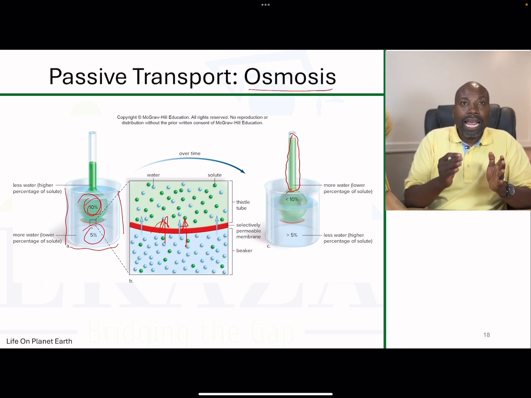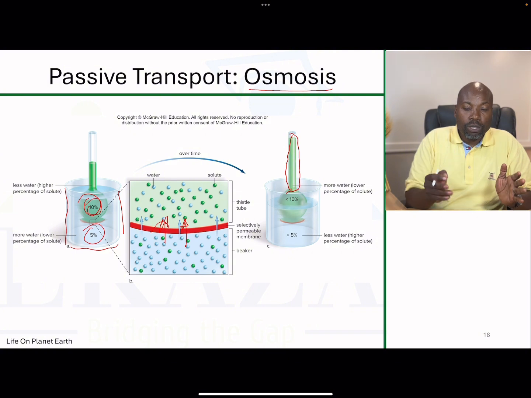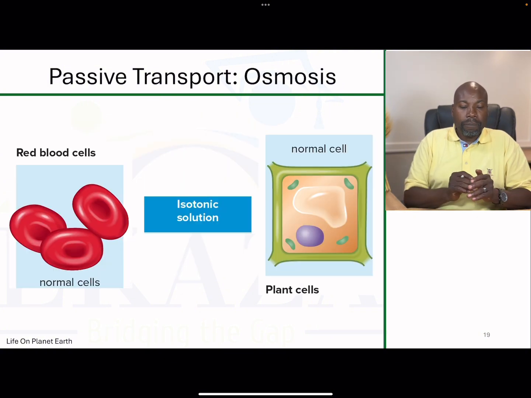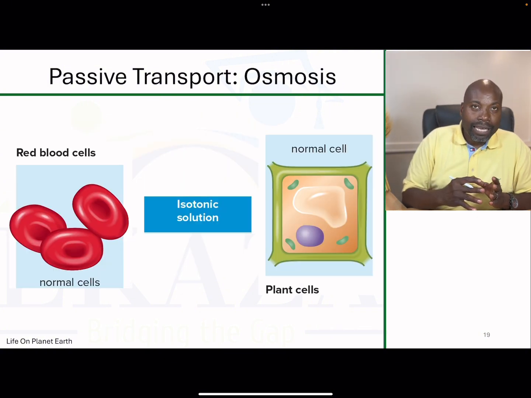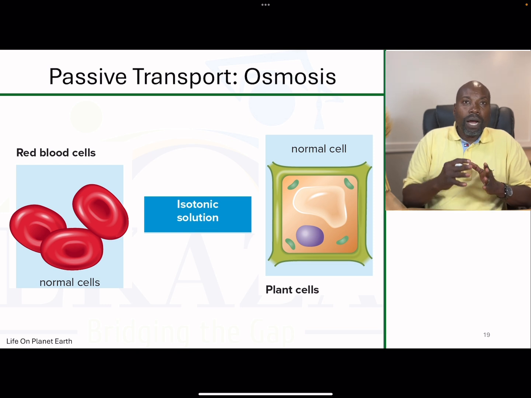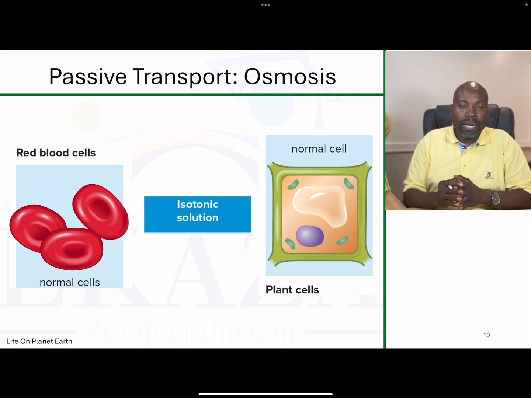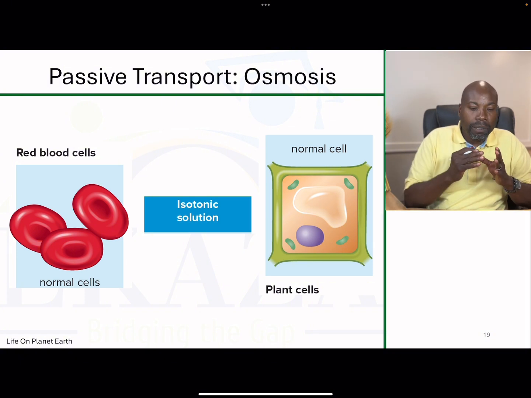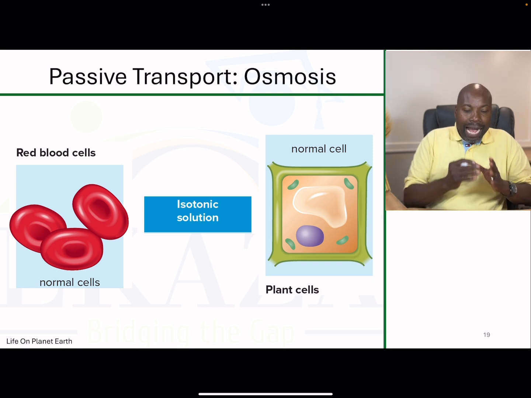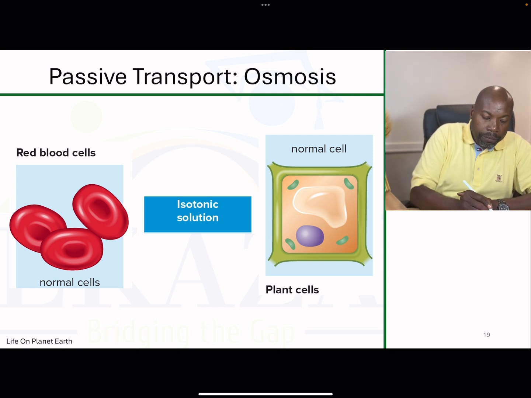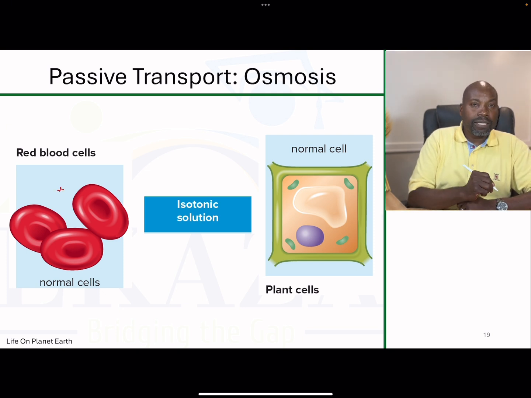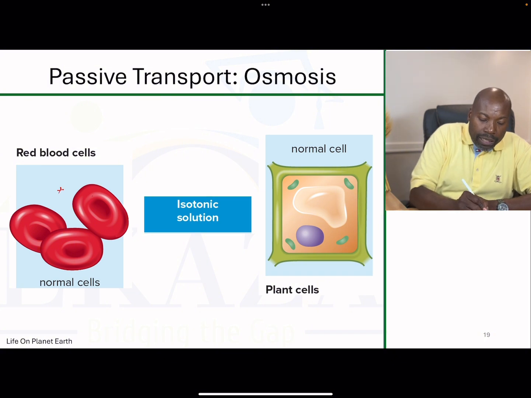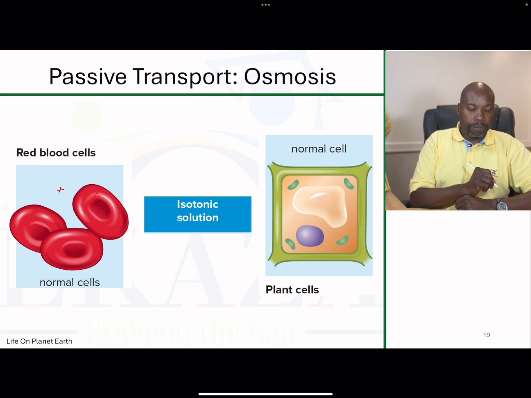Now, in real life, what does this look like? Well, a cell can find itself in what we call an isotonic environment. An isotonic environment means that, the cell being in a bucket, you have as much solute outside of the cell as you do inside of the cell.